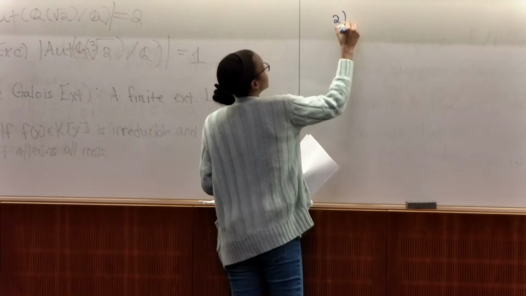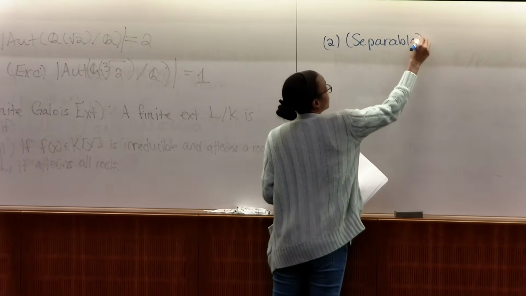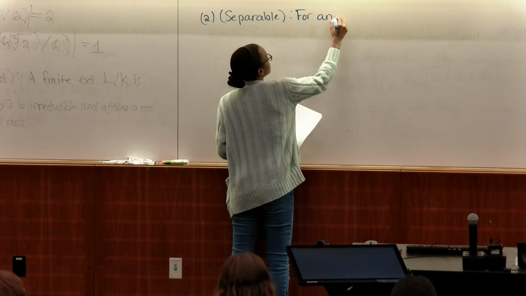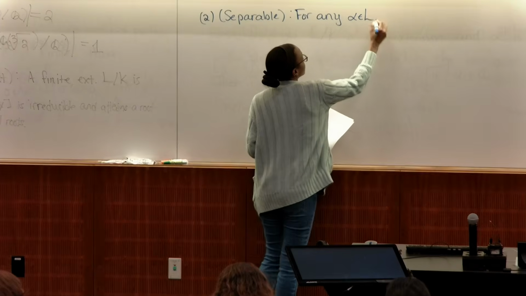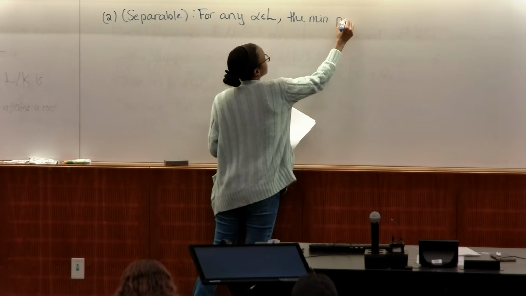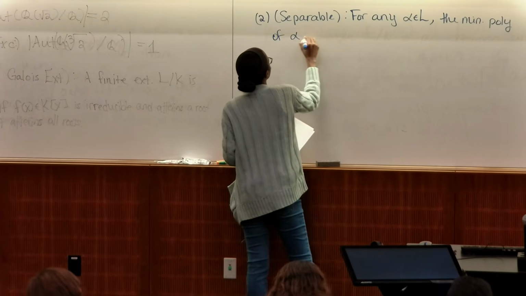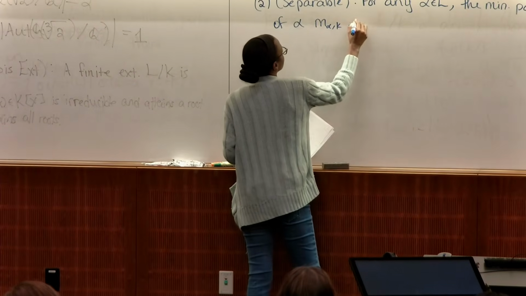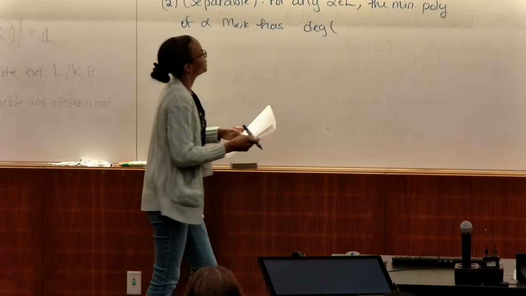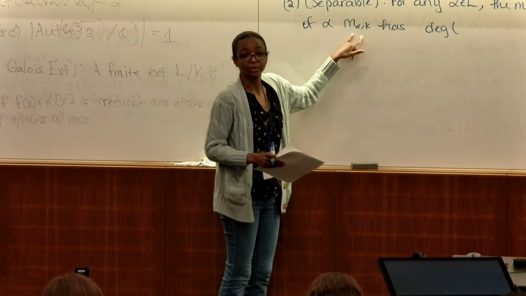So, second condition. This is separability. Separability is about having as many roots as the degree of the minimal polynomial tells you you should have, right?